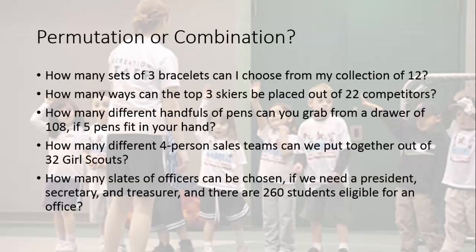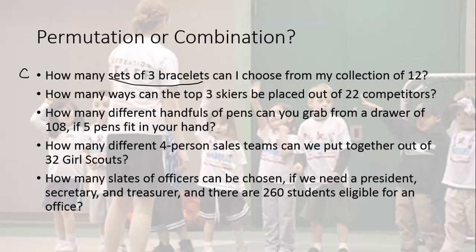Here's a common problem. Lots of people get confused between permutations and combinations. You have to be able to recognize which one you've got so that you know which formula to use. So let's go over a few examples. In the first question, we have how many sets of 3 bracelets can I choose from my collection of 12? Sets of 3 bracelets doesn't say anything about order, so that's a combination.